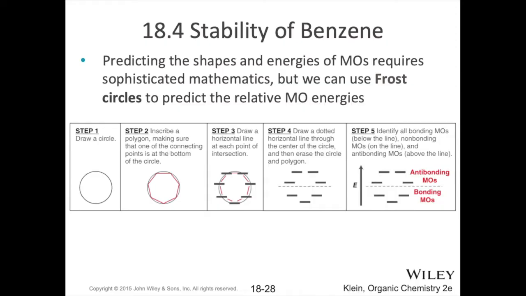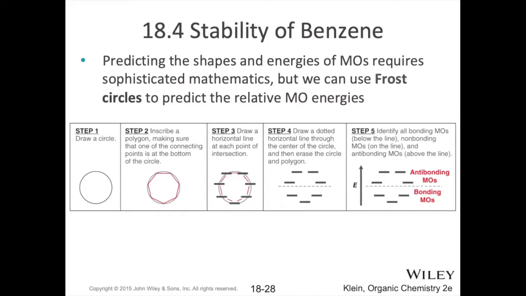There's one molecular orbital for every p orbital, and there's one unhybridized p orbital for every carbon in your molecule. So by drawing your molecule in the circle, you're essentially drawing all the molecular orbitals.